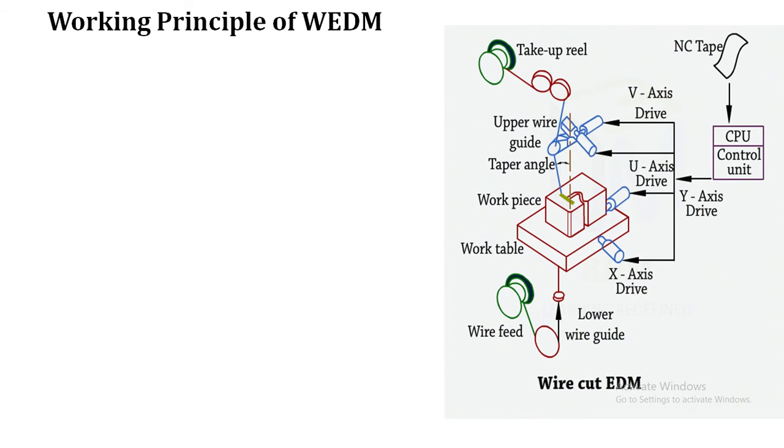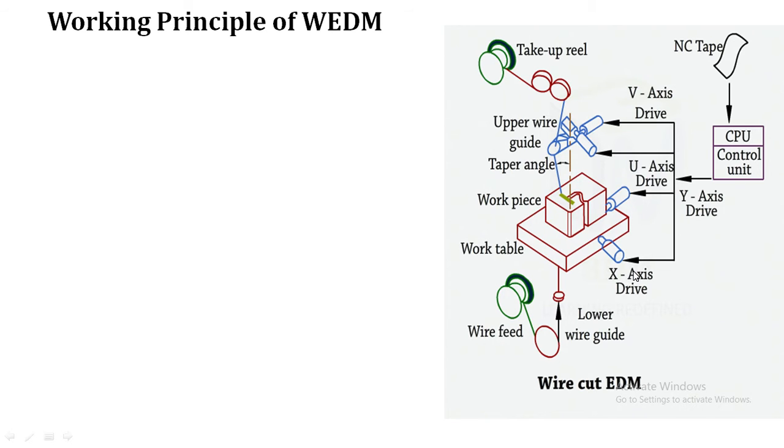Next, working principle of wire EDM process. One more thing here, NC tape is there, whatever numerical codes or programming codes are given to the CPU control unit, and through that CPU control unit we deliver the various programming codes to the various axes, like V axis drive, U axis drive, Y axis drive, X axis drive.